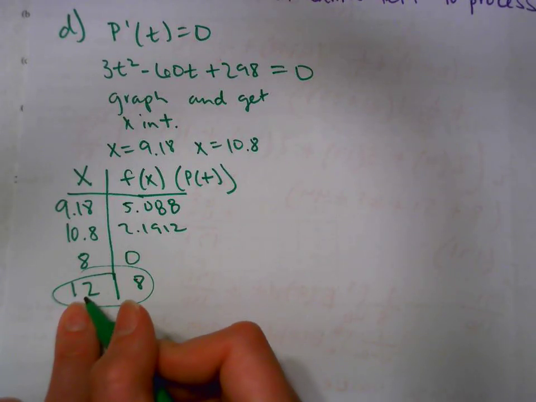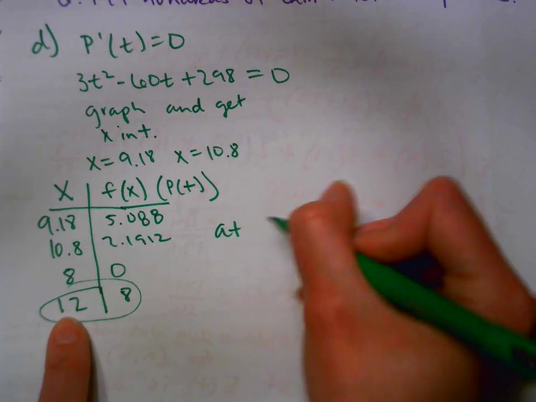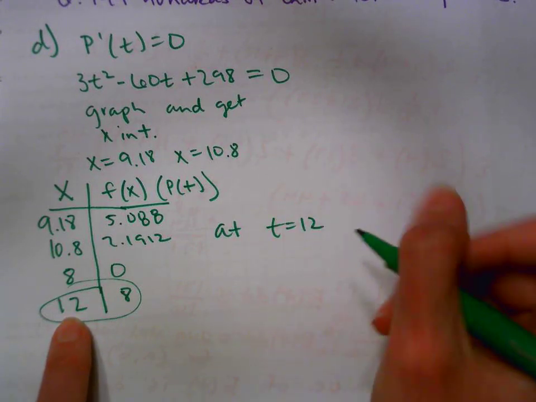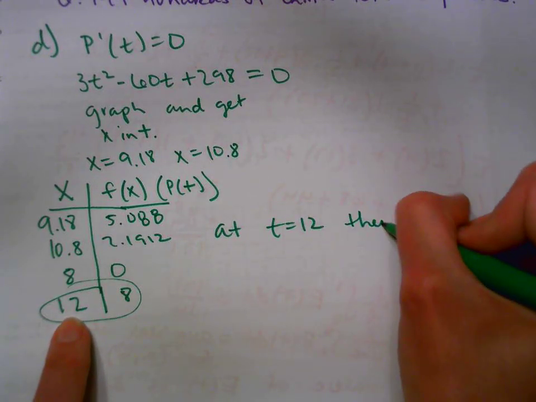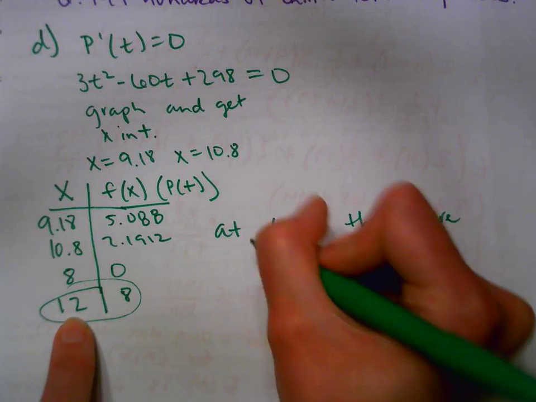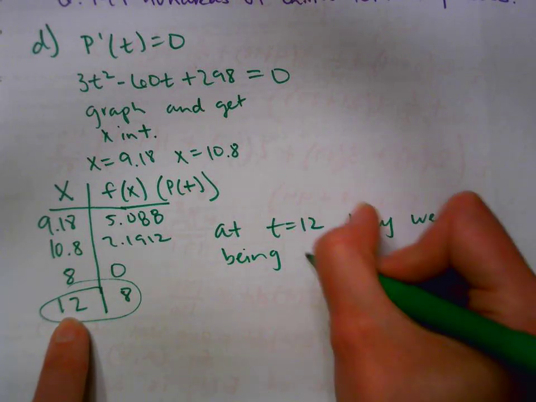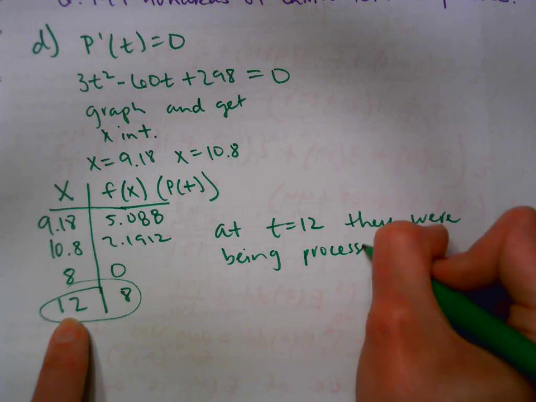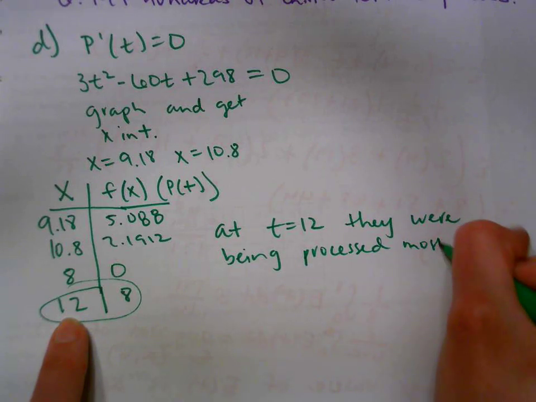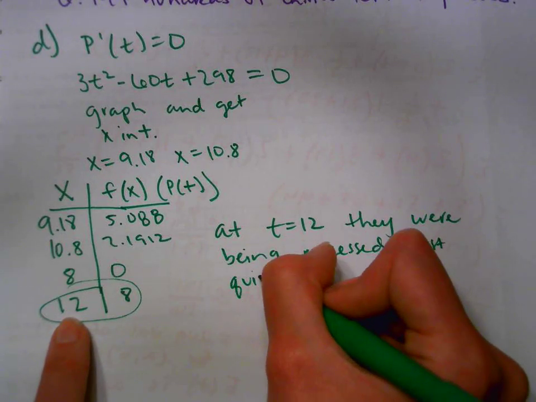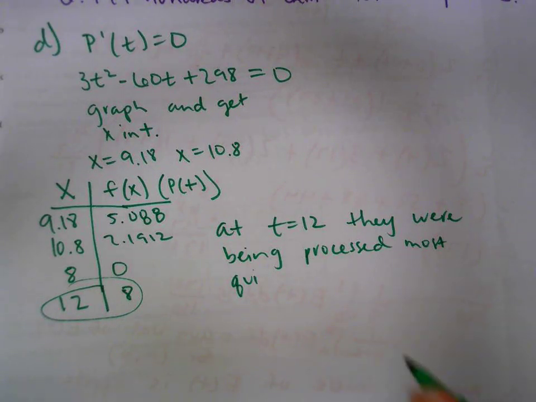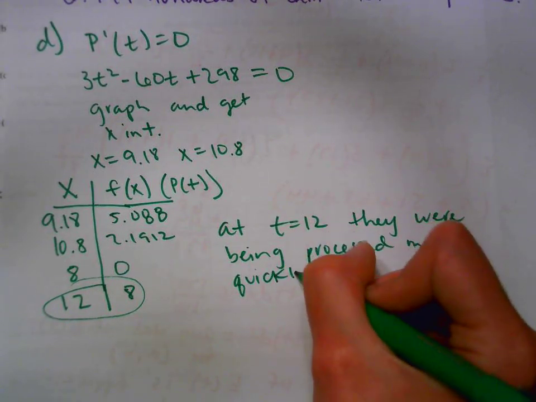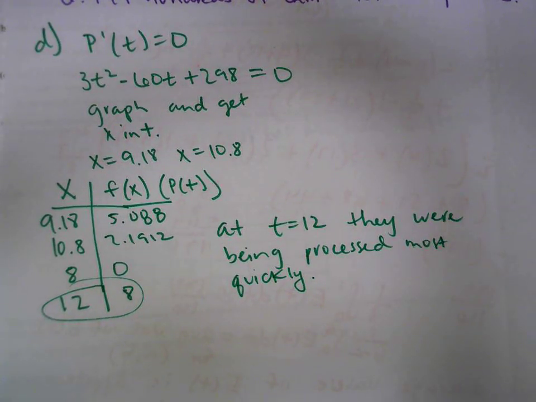So that's asking for the x value. At t equals 12, they were being processed most quickly. And if you had all that written down, that would be enough justification. Okay, so I'm going to do the last free response in the next video.